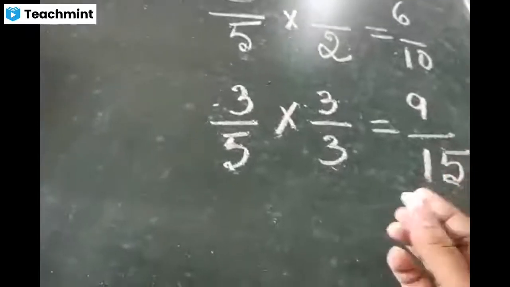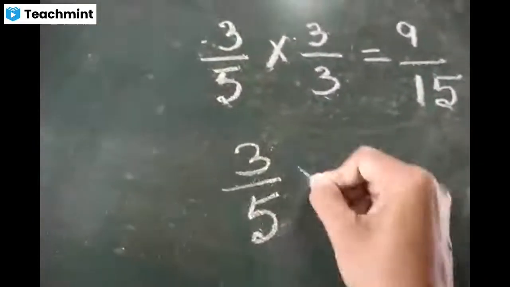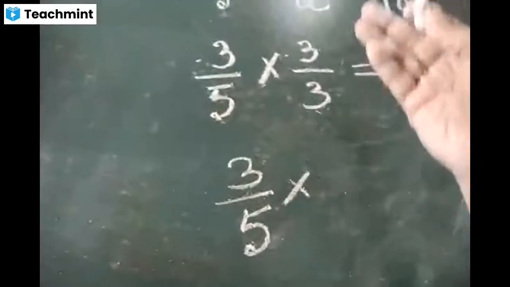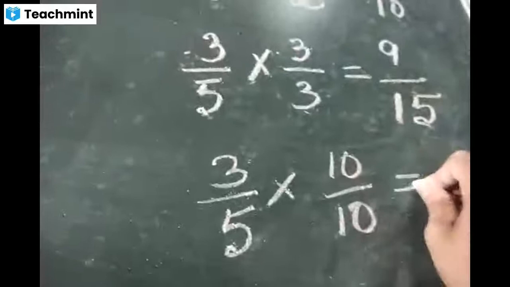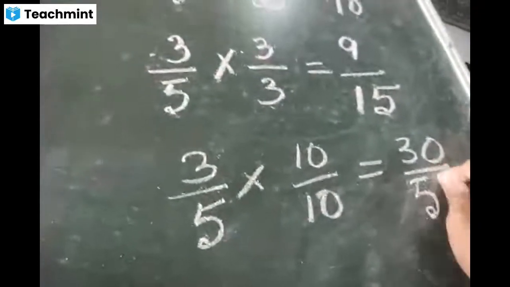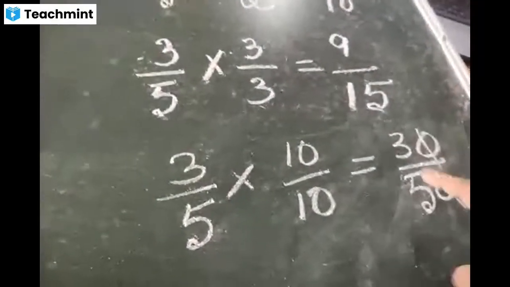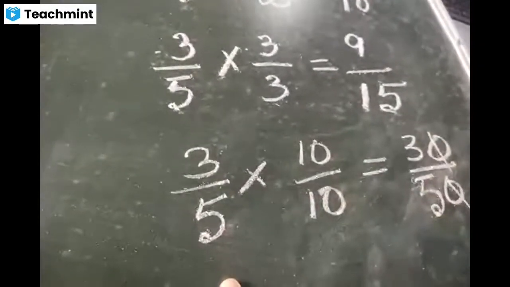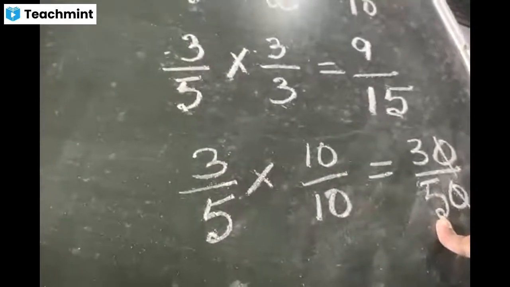If you want one more equivalent fraction of 3 by 5, it's not compulsory to take continuous numbers only. You can take 10. 30 by 50. If you cancel this, you get back the same fraction. Those types of numbers are called equivalent fractions.